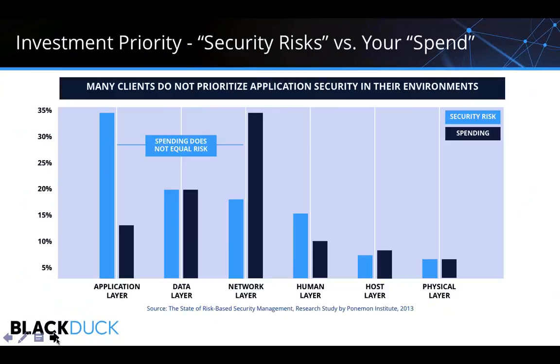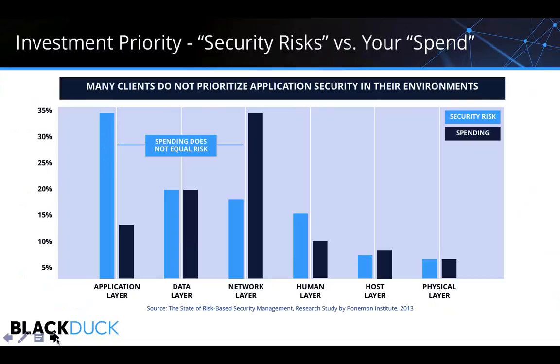When we look at how people are going about their overall security spending, we see an old school approach, and by old school I mean old fashioned, looking at a world that used to be as opposed to the world we have today. 10, 15, 20 years ago, it made a lot of sense to spend money on perimeter defense and trying to keep the bad guys out of your networks.